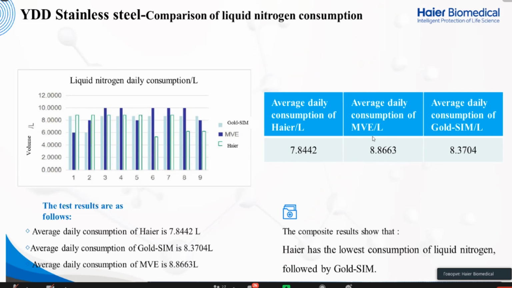Compared with ours, the MVE will spend more. They will spend the most, 8.8, and the Golden SIM is 8.3 something, 8.37. So our consumption is lower, and it saves liquid nitrogen.